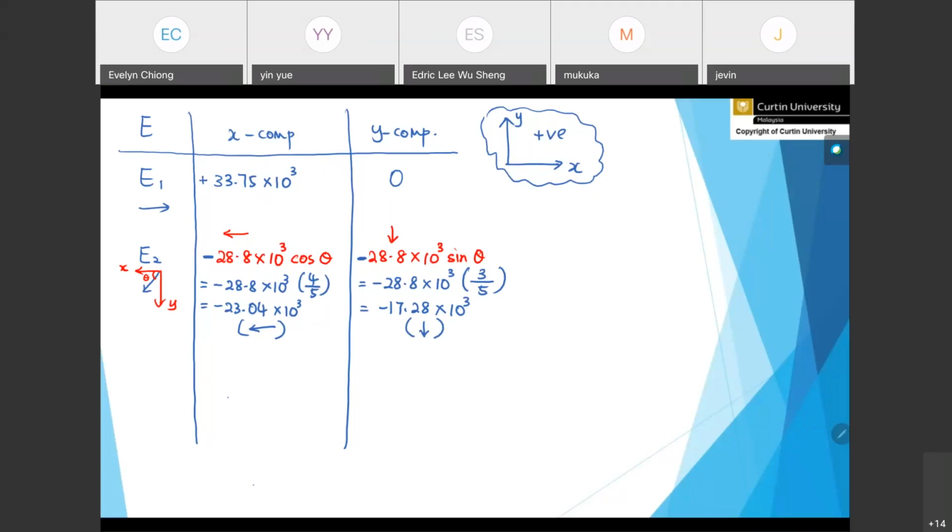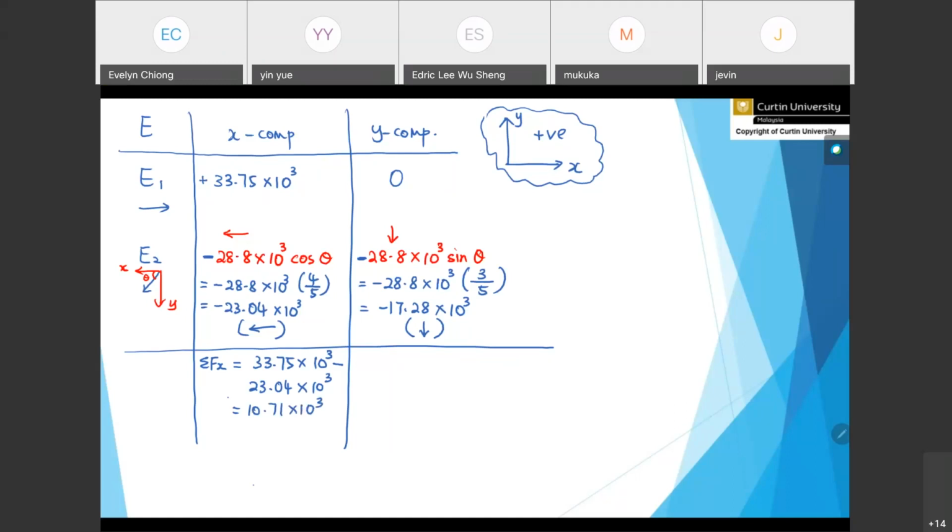Then after calculating this, I'm going to get the net for the x component. This is negative, so I minus 23.04. So I am going to get 10.71.